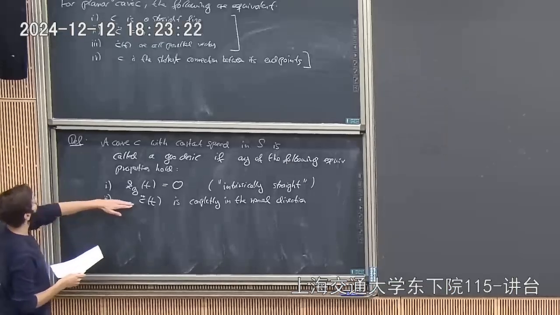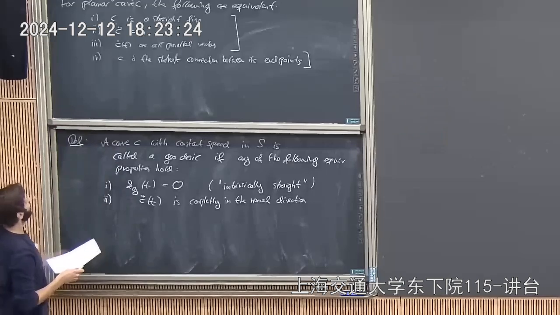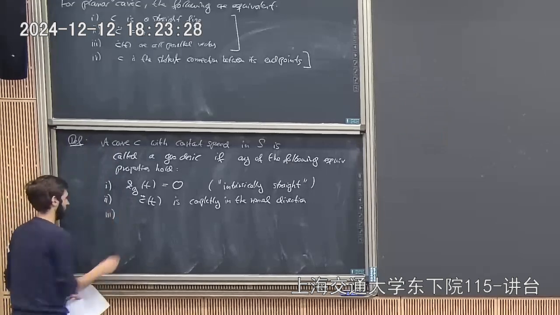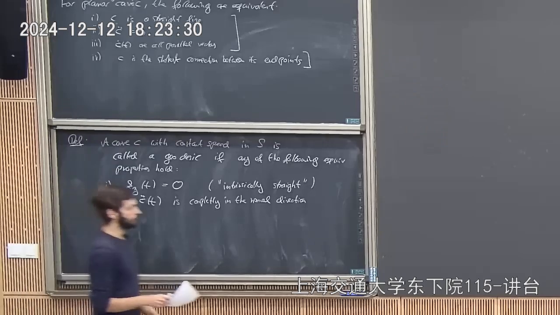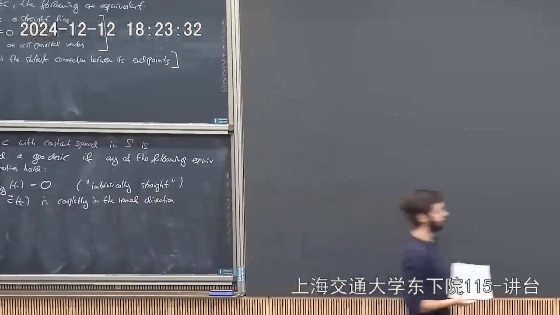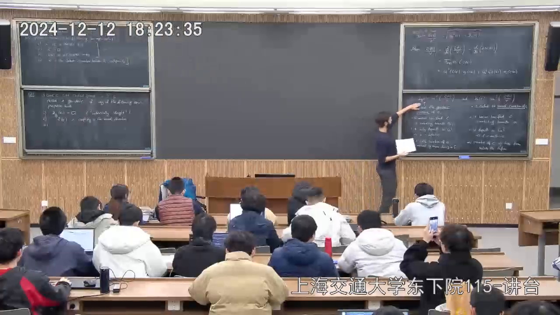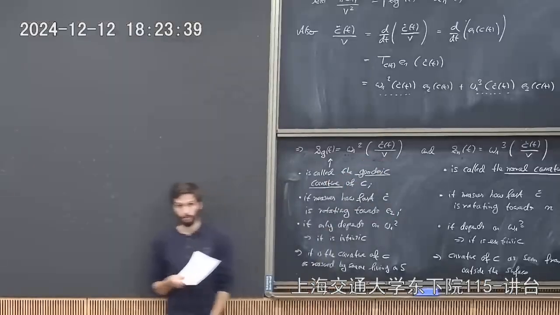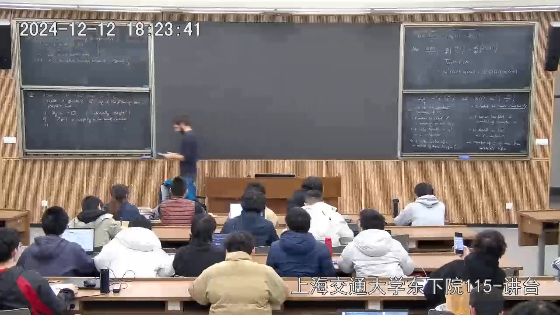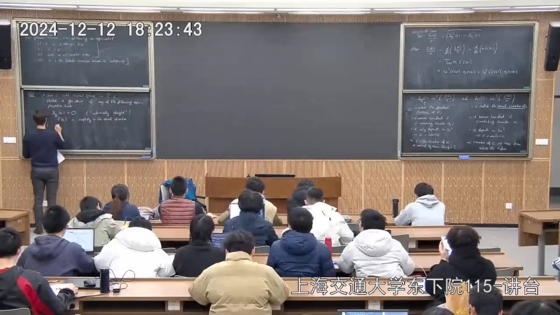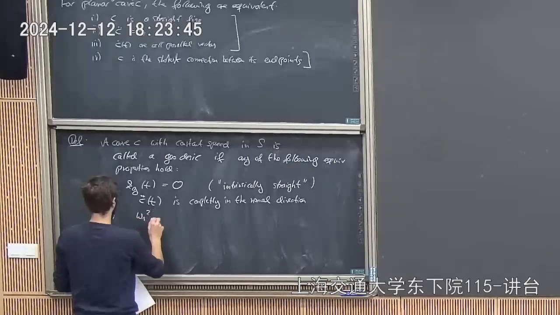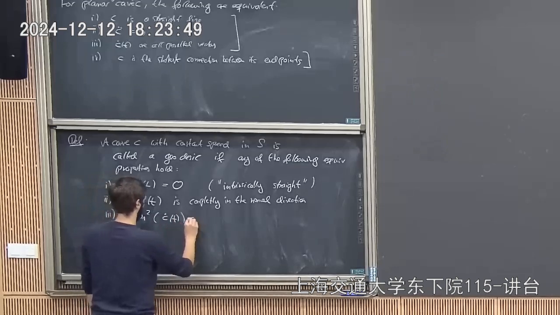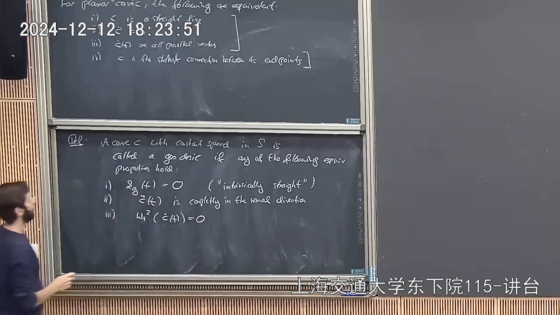So that's this property. The third property essentially comes from the fact that if you know that k of t is 0, then we also know that this expression has to be 0. So that means that omega of 1, 2 of c of t equals 0.